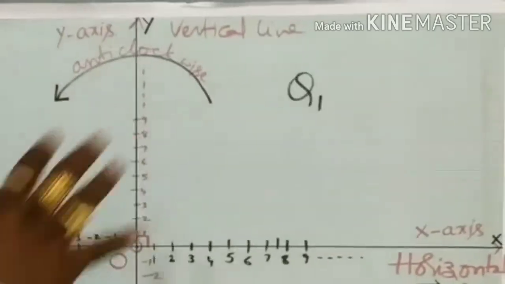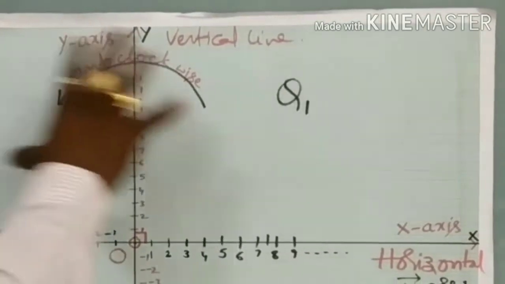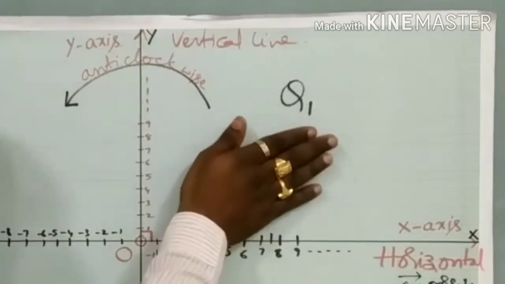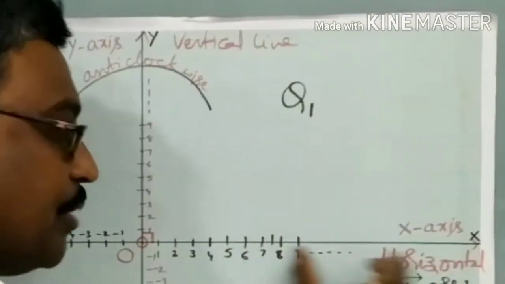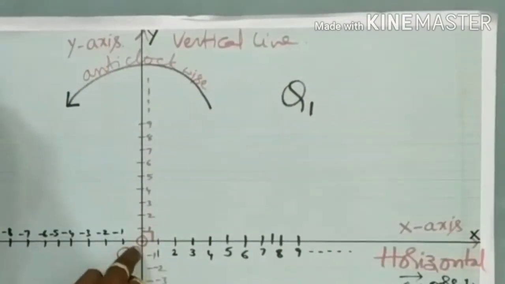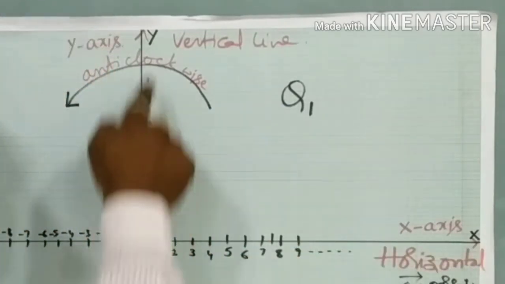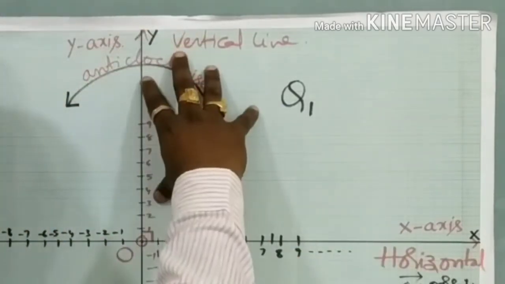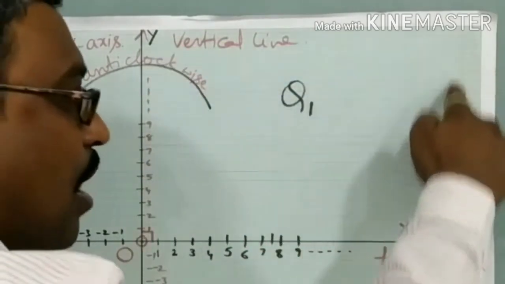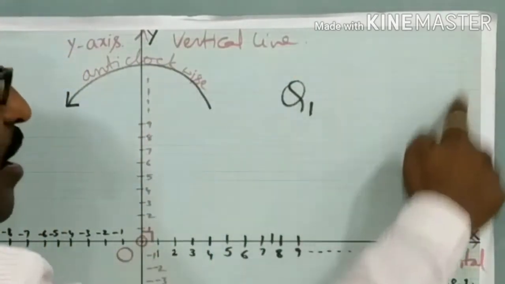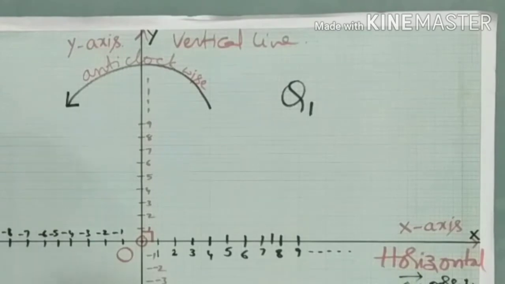Now observe the quadrants. Here this is the positive x-axis and this is the positive y-axis. Both are positive, so this part is completely a positive coordinate plane.